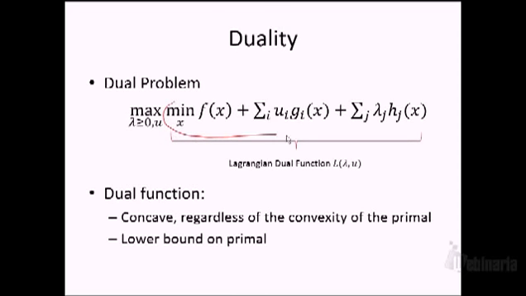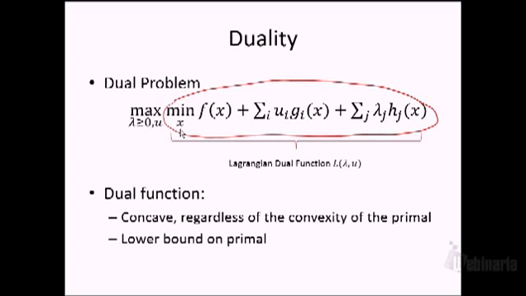Now, this minimization expression is a function of lambda and u, which are the Lagrange multipliers, or we call them the dual variables. This function is called the Lagrangian dual function. The dual function is concave regardless of the convexity of the primal. Why?